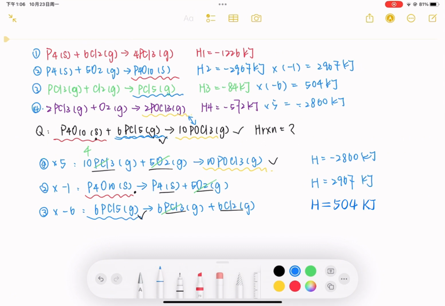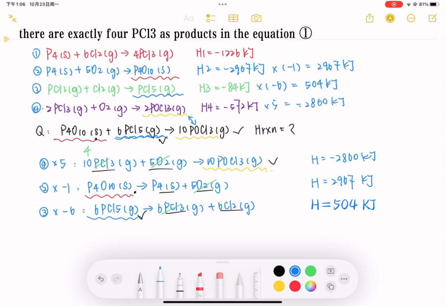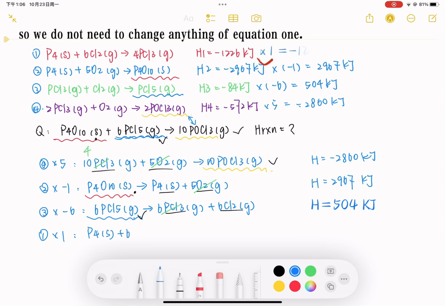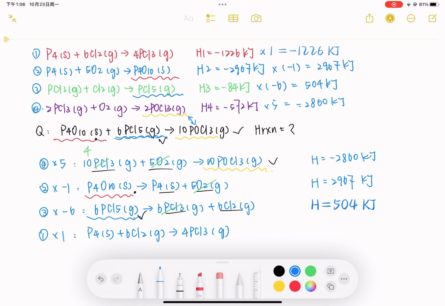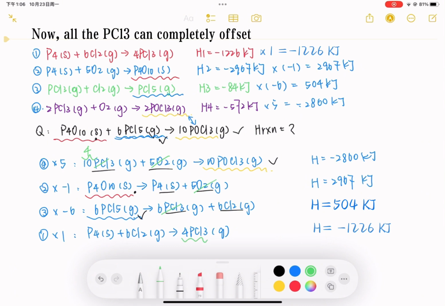We can find that there are exactly 4 PCl3 as products in equation 1, so we do not need to change anything of equation 1. Now all the PCl3 can completely offset, and all the 4 equations are rewritten.